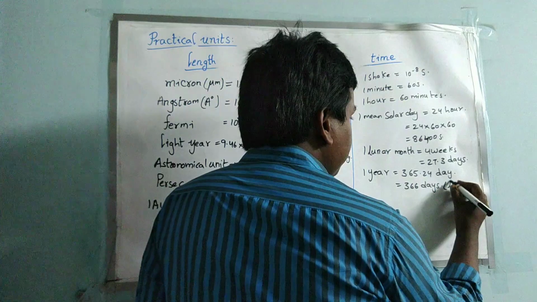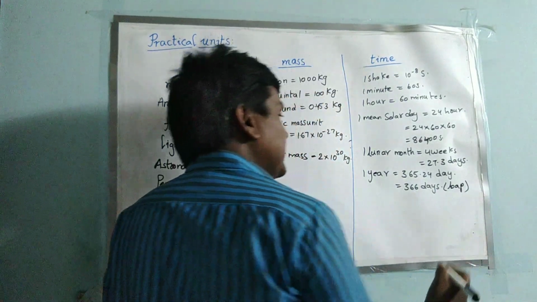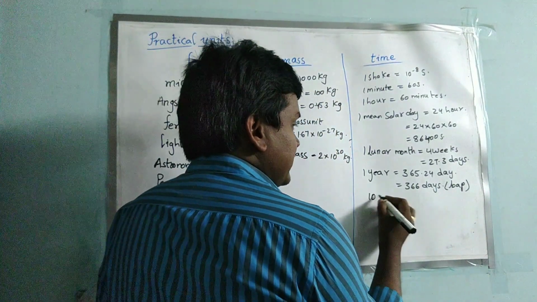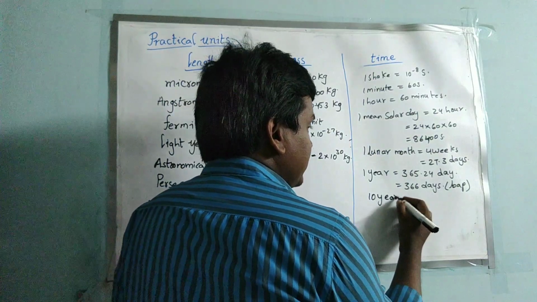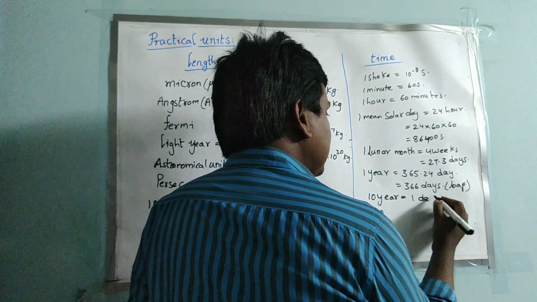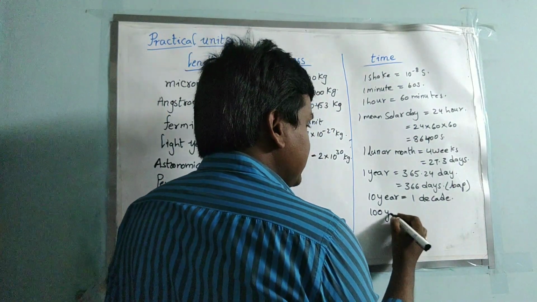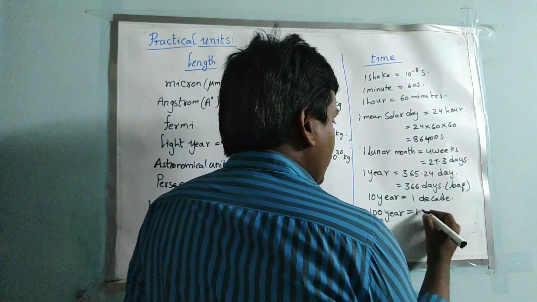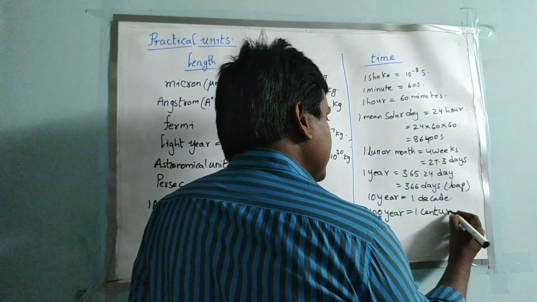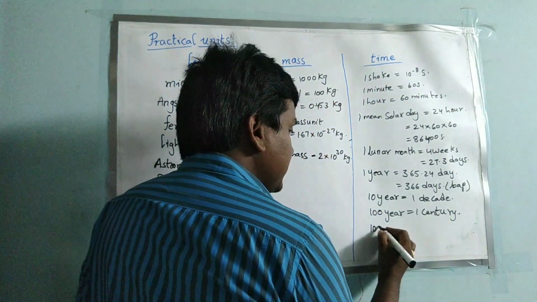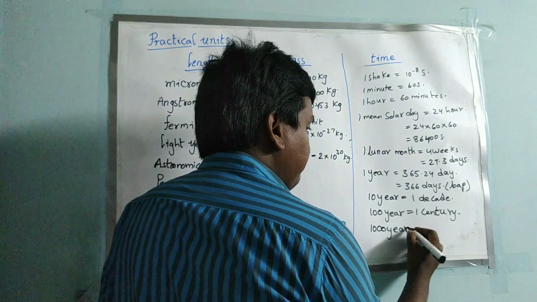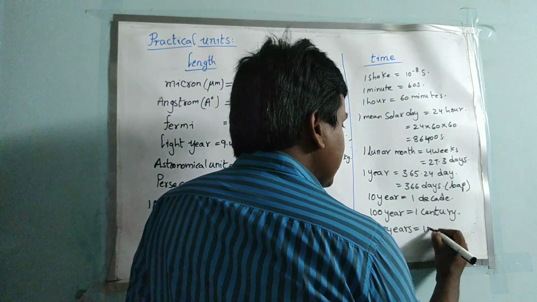And next, 10 years is called 1 decade, 100 years is considered as 1 century, and 1000 years is considered as 1 millennium.